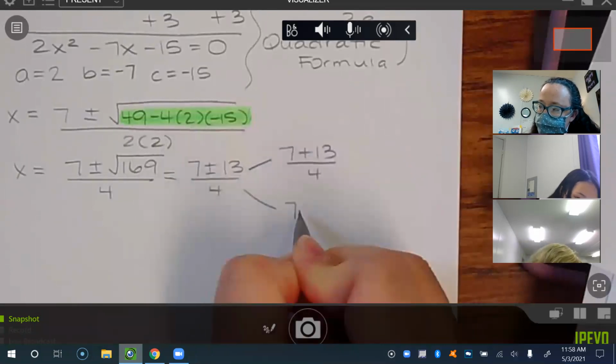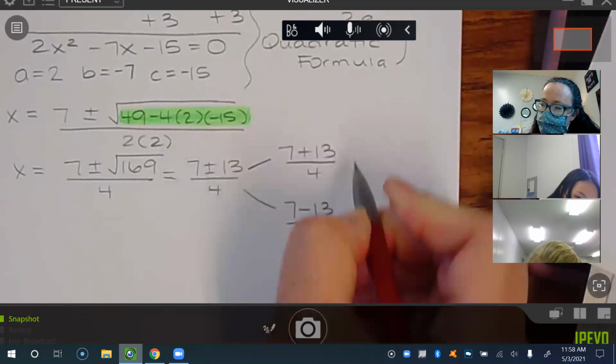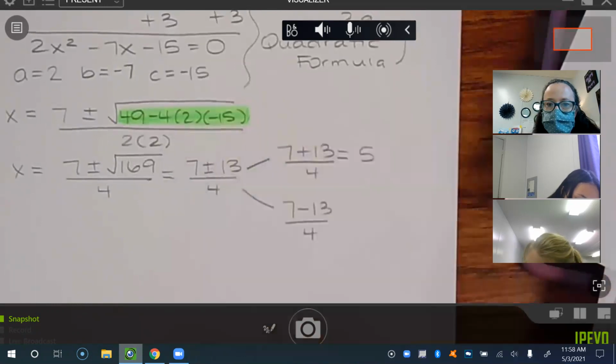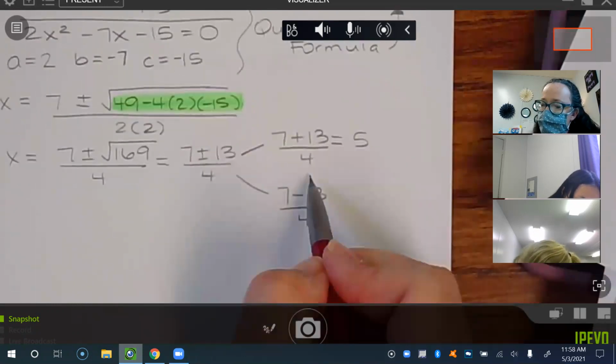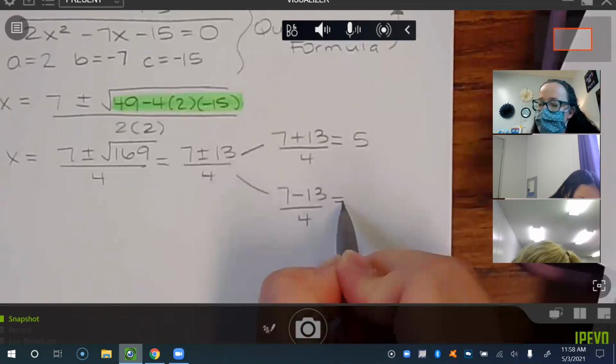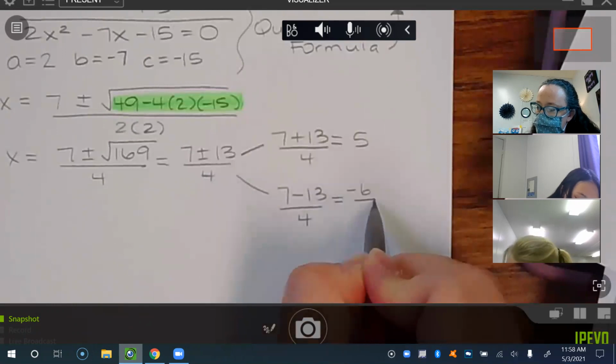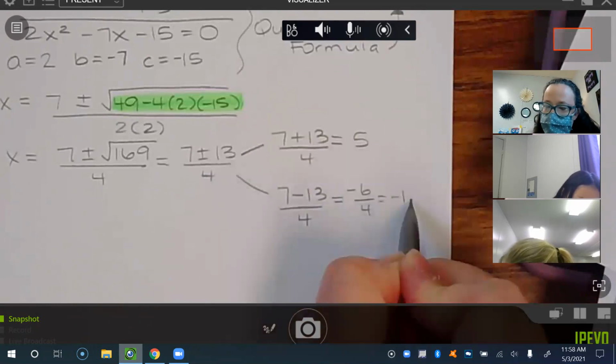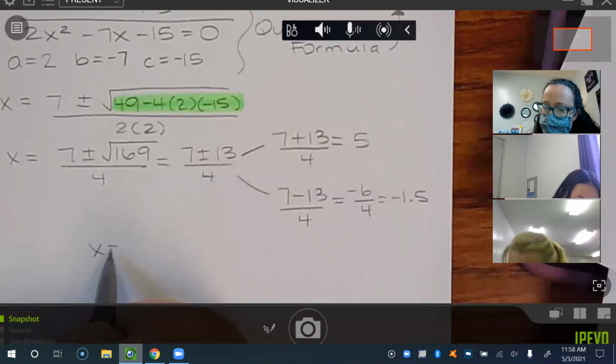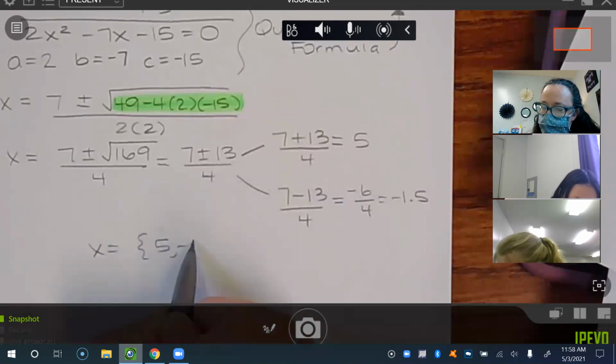The plus and the minus of it. It's going to be 20 over 4, just 5. And then this one, negative 6/4, which is negative 1.5. So my answers are 5 and negative 1.5.